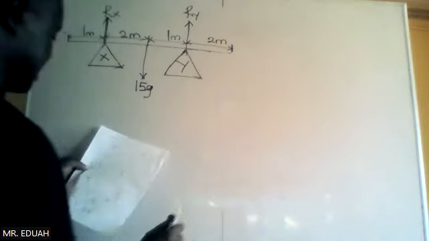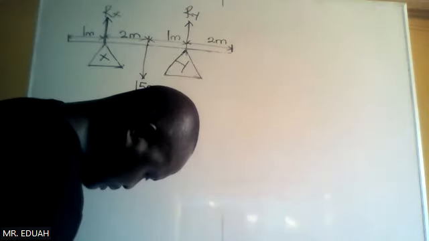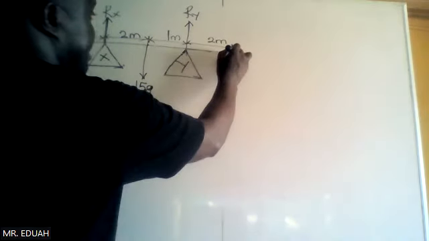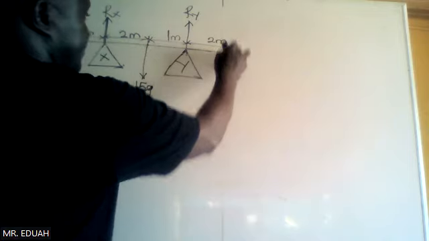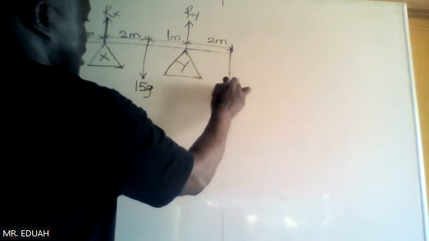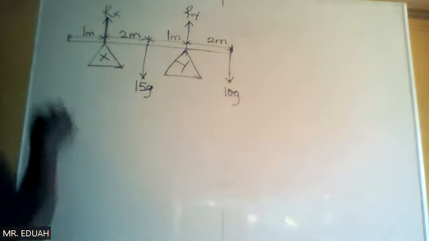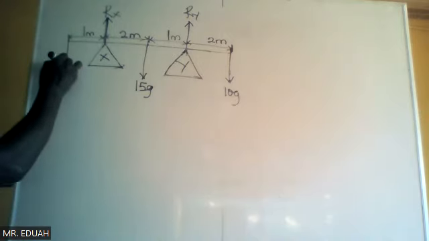We have 2 masses at the ends. This is a 10 gram mass at the end of this bar. We have another mass, an 8 gram mass, at the other end.